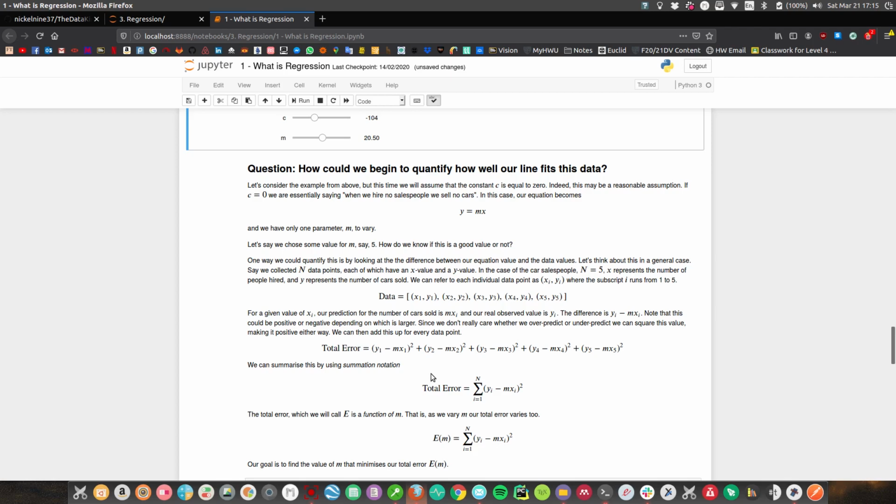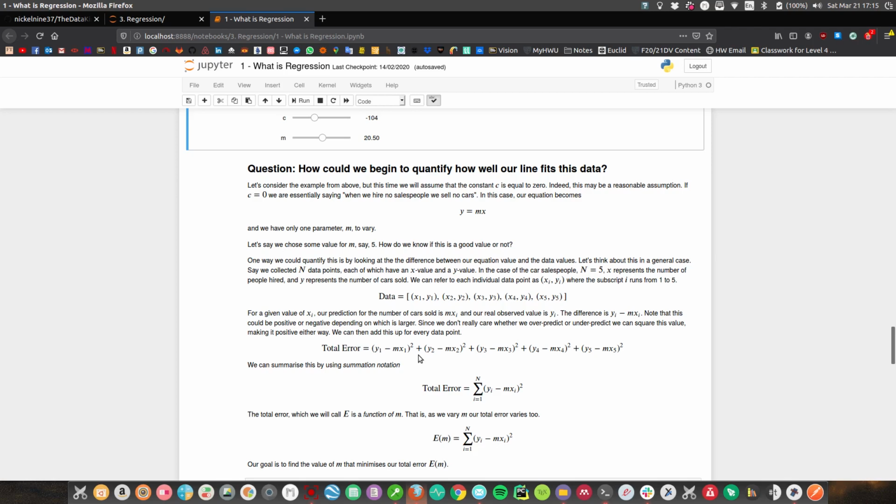So that helps us, because if our prediction is larger than our observation, this whole thing is going to be negative. And we're really interested in just the total difference between our predictions and our observations. So we don't really care if it's positive or negative. We're going to square it, and that way bigger differences contribute to this error more than smaller differences, regardless of whether they're positive or negative.